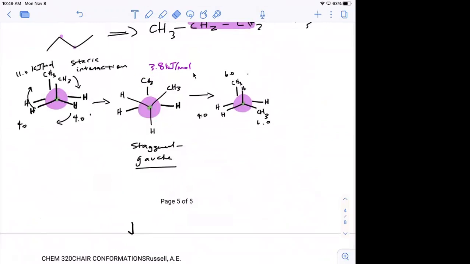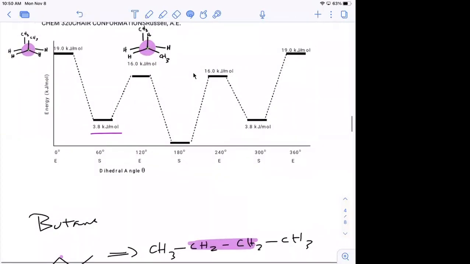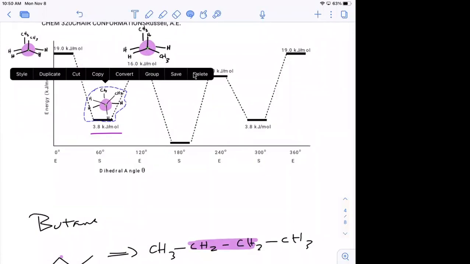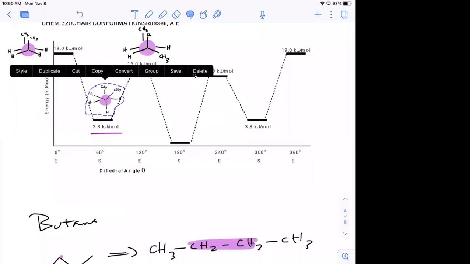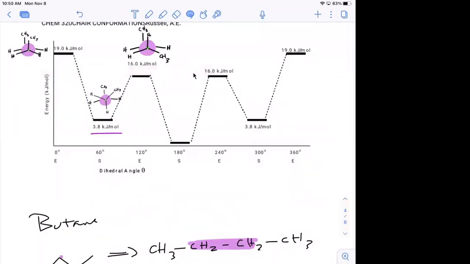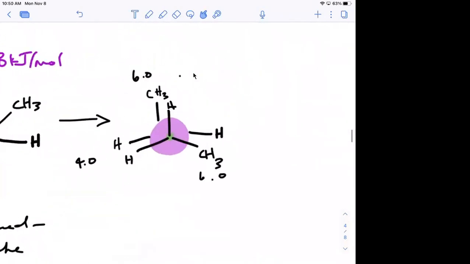I have a question. Go right ahead. It's about the 6 kilojoules per mole. Is that between, I know it's the dihedral angle, but for the one we just did, is it between the hydrogen on the front carbon and one of the hydrogens on the methyl group?